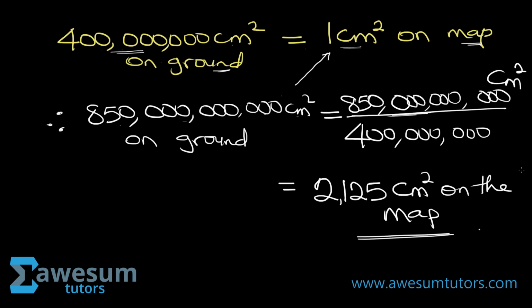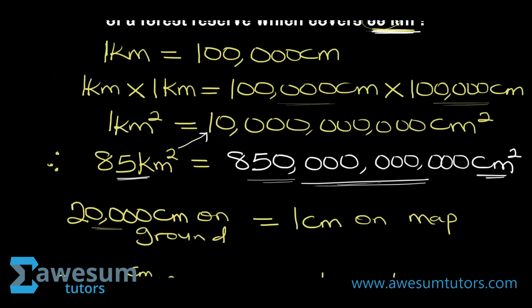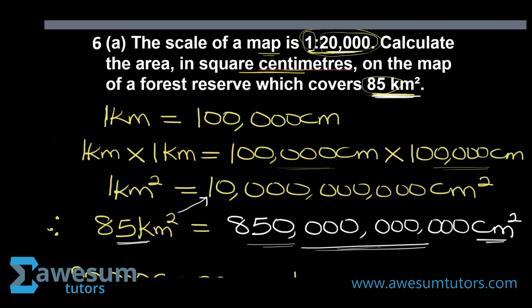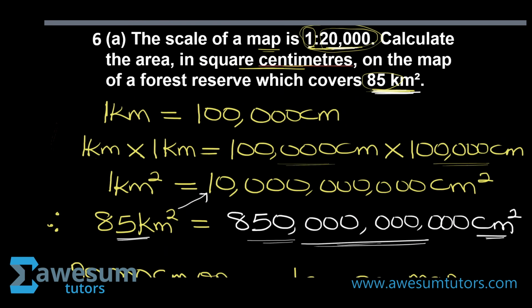Again, what the question is trying to say is this: you should tell us what 85 kilometer square on the ground is going to measure in centimeter square on the map. The first thing we did was to convert this to centimeter square, and we got 850 billion centimeter squared.